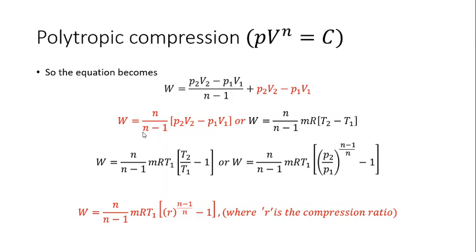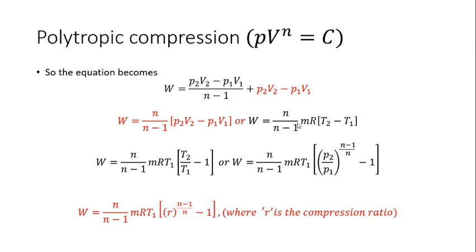Okay. So if you expand this, multiply N minus 1 with P2 V2 and P1 V1, then expand those terms, and finally we will get a nice expression like this. W is equal to N by N minus 1 into P2 V2 minus P1 V1.